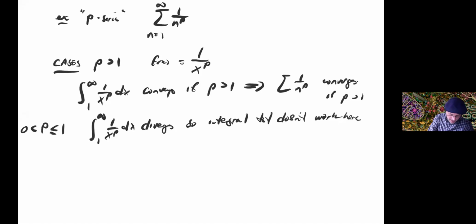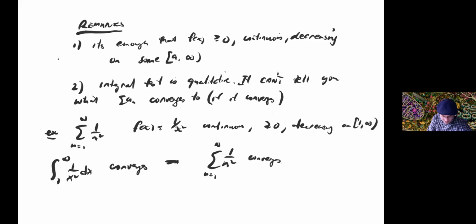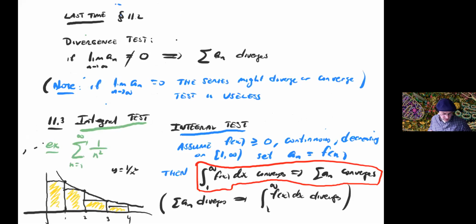I have to go back, I realize, and I misstated the integral test. I apologize. So let me go back to the previous slide. I want to go to this slide. Okay, so what I should have said is this.